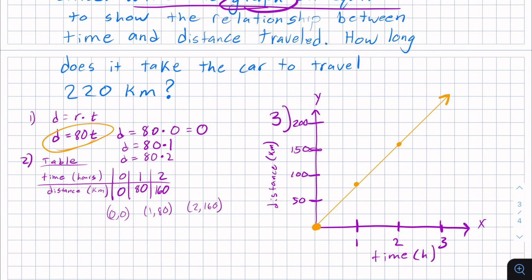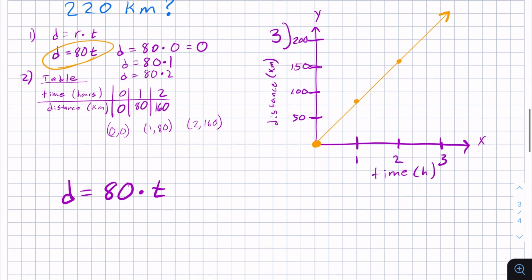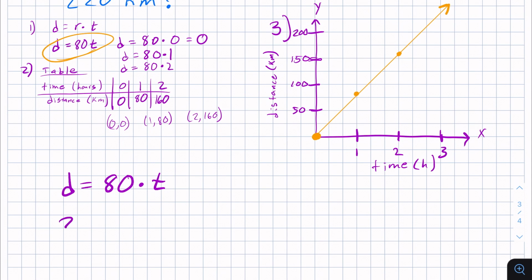Well, if I know that the car is going at 80 kilometers per hour, and I already have this equation where distance is equal to 80 times the time, and it tells me that the distance is 220. Well, now I can just use the equation to figure out the missing time component. So it will be 220 equals 80t.